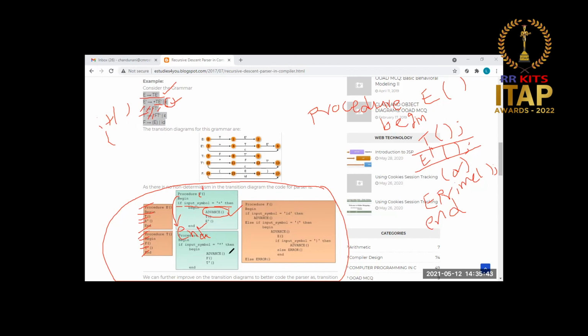Then F function, T prime function, and end and one more end. One end is for the if, and another end is for the procedure T prime.